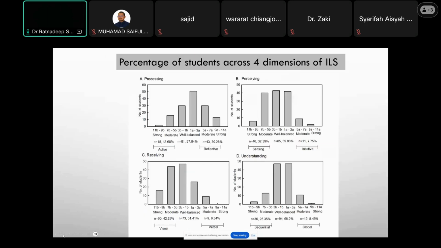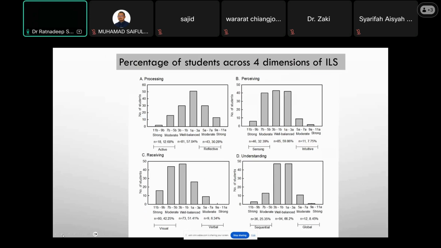Now, this is basically the frequency of learning preference from processing to understanding. I'll explain here mainly based on the well-balanced perspective, though this figure actually reflects all the dynamics of the students' learning preference across various domains. So let's see first what this figure suggests directly.